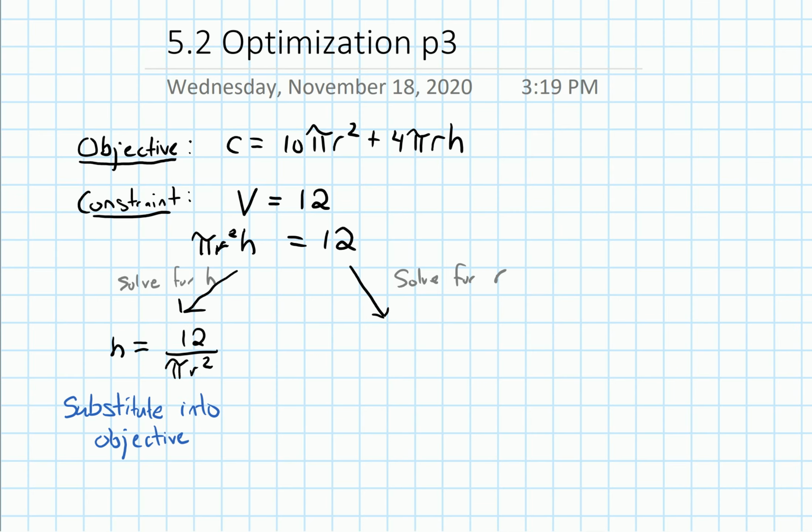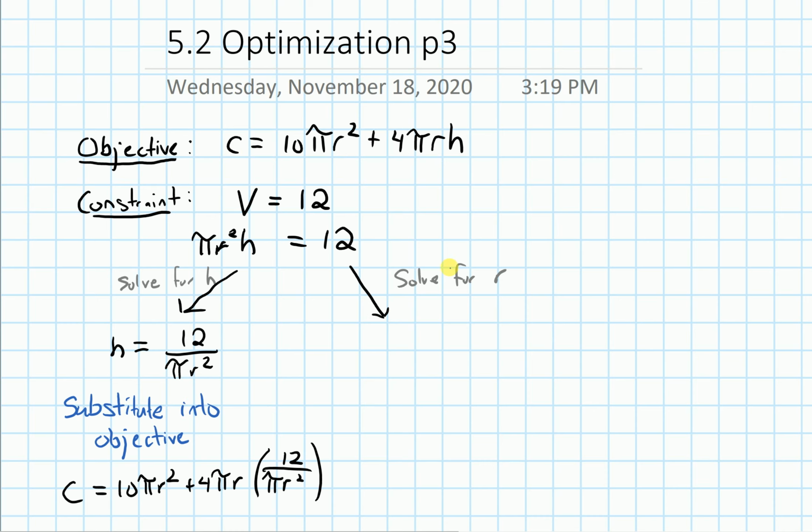Doing that, we would get that c equals 10 pi r squared plus 4 pi r, and now I plug in for h. So if I do that, I will get 12 over pi r squared here. Okay, so not too bad. We were able to solve for h without much trouble and then plug that in for the one occurrence of h in my cost equation, in this objective equation.